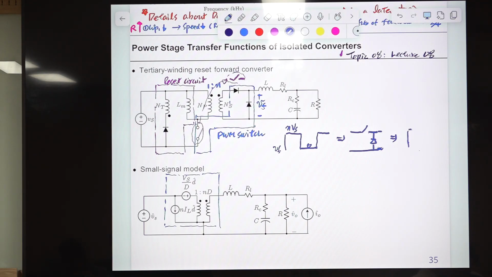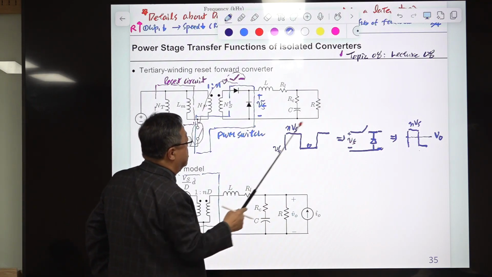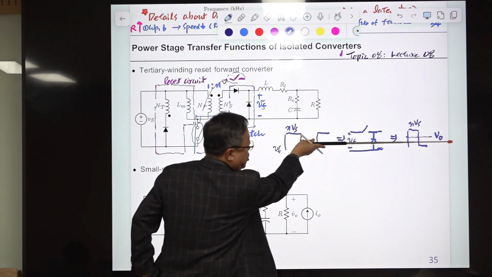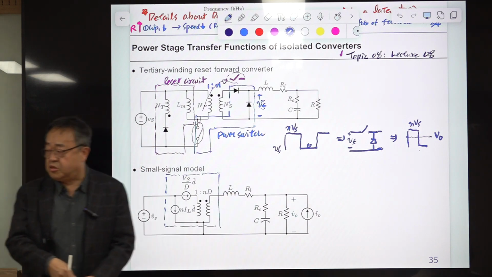This is the input voltage, this is VF, which is NVS, then the output of this will be the average value of this. This is the same as the buck converter, except the voltage here, VF, is NVS. So this will be averaged to generate this average value as the output of this converter.